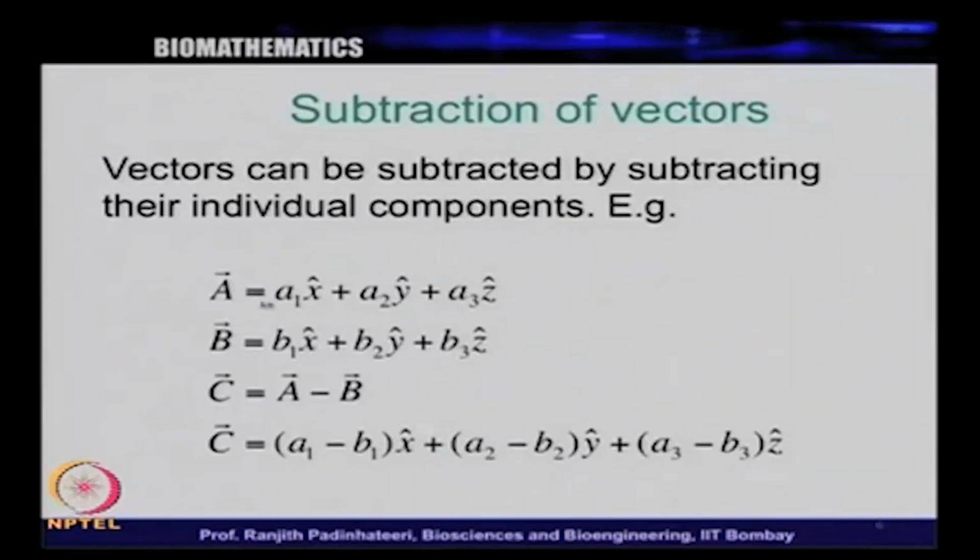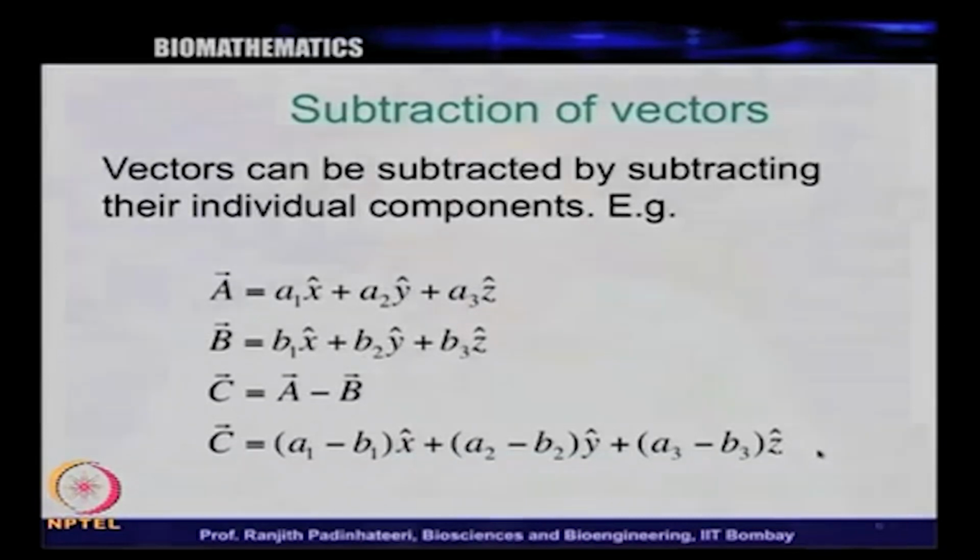If vector a is a1 x plus a2 y plus a3 z, and b is b1 x plus b2 y plus b3 z, where x, y, z are the unit vectors, then c is equal to a minus b, which is: you subtract the x component, that is a1 minus b1, plus a2 minus b2, which are y components, and a3 minus b3, which is the z component.